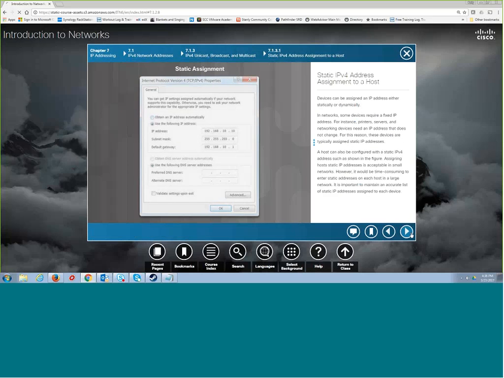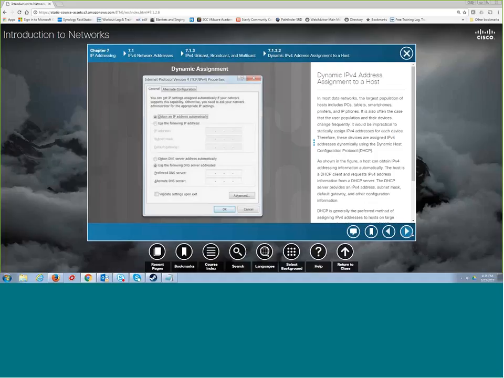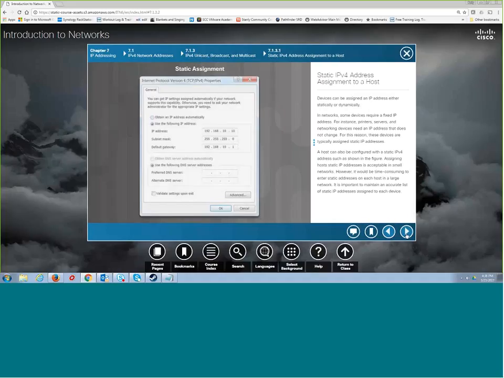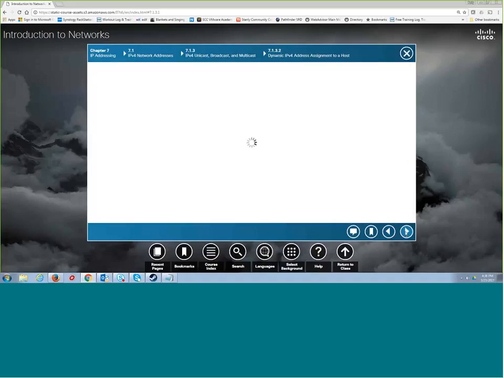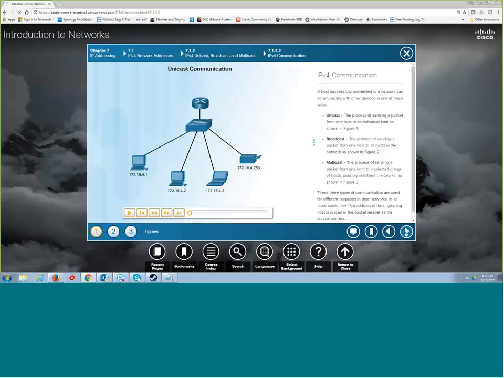So, statically assigning versus dynamically assigning IP addresses to a host. We've gone over this already, looking at DHCP versus static IP addresses. Unicast is 1-to-1, broadcast is 1-to-all, multicast is 1-to-some. I do like these videos because they show the visual learner how this works, especially multicast.